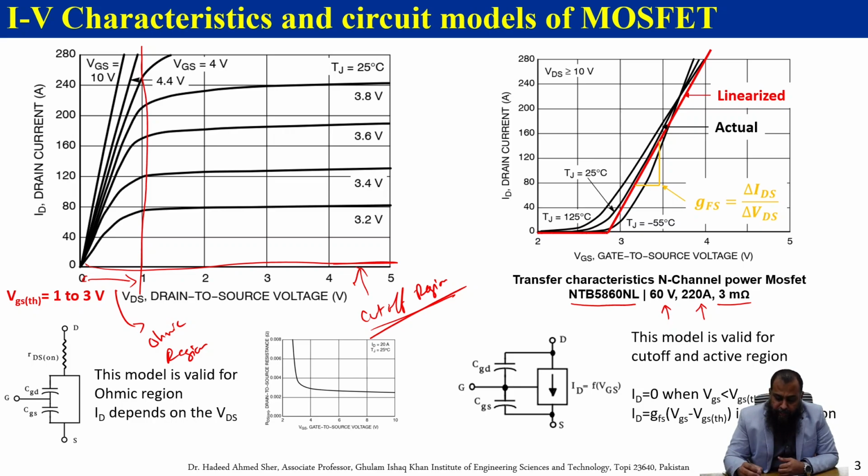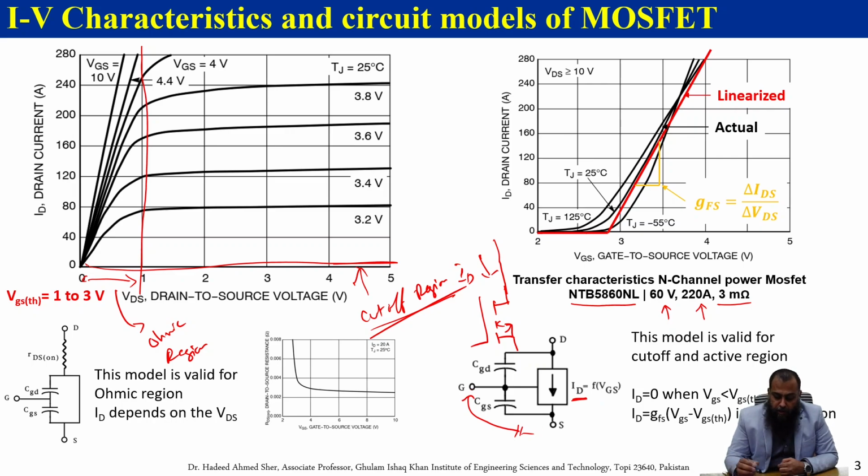The first circuit is characterized by a voltage controlled current source, where the drain current ID flows through this MOSFET. Let me draw this here. So this is the current ID. This drain current ID is a function of the gate to source voltage, which we apply between the gate terminal and the source terminal.